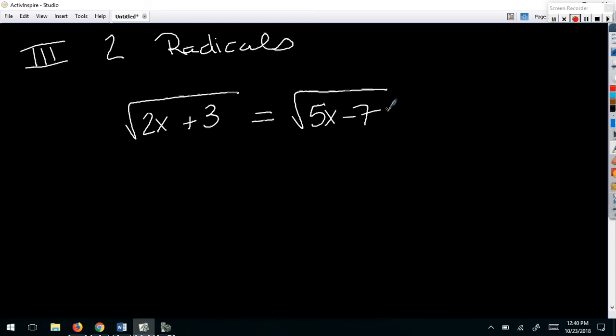You're exactly right. The key with 2 radicals is that you get one on each side, and this is true whether it's this scenario or the next one that I show you. You have to get the radicals separated. You gotta keep them separated.